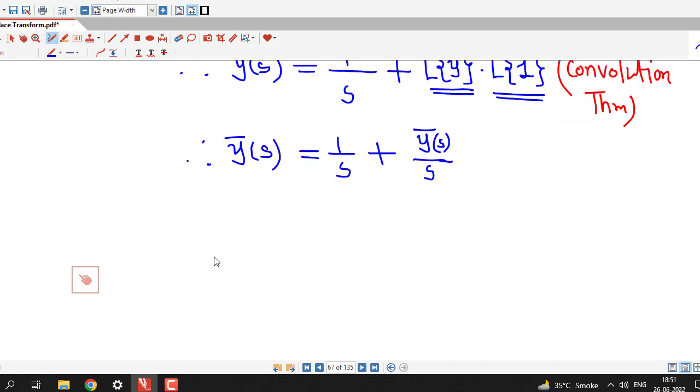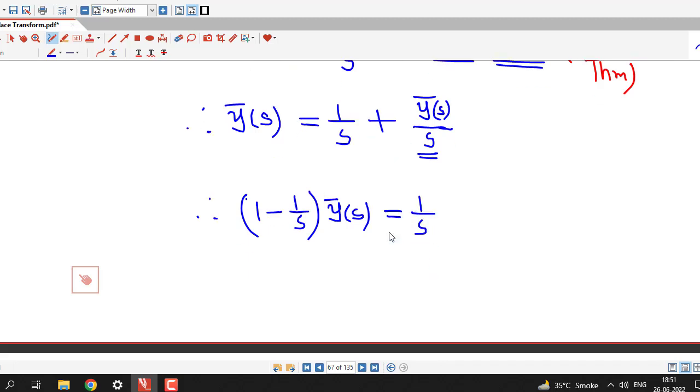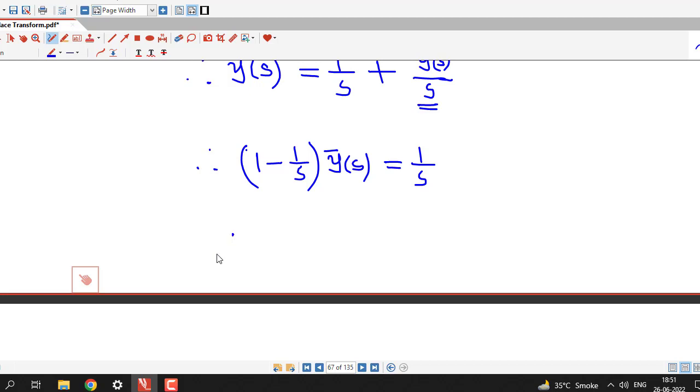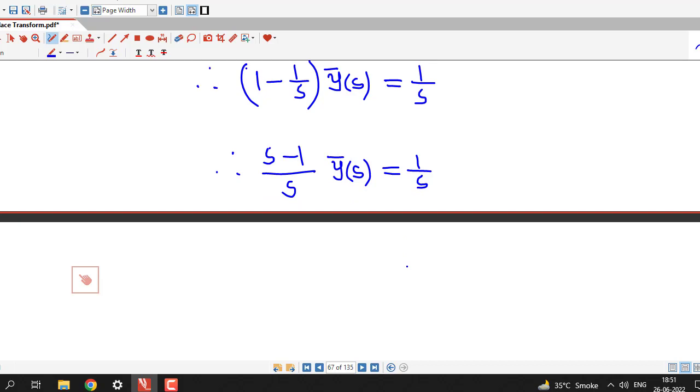We are interested in y bar s, so we consider this term on left hand side and we take y bar s common, so that we have 1 minus 1 by s times y bar s equal to 1 divided by s, and this we can rewrite as s minus 1 divided by s y bar s equal to 1 by s.